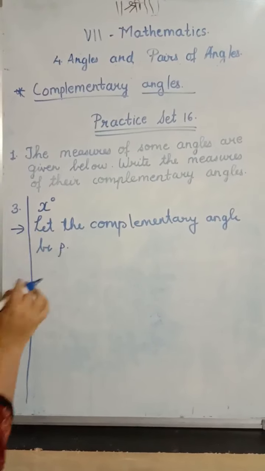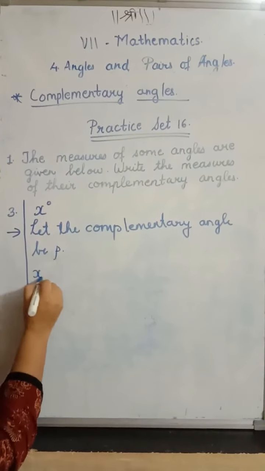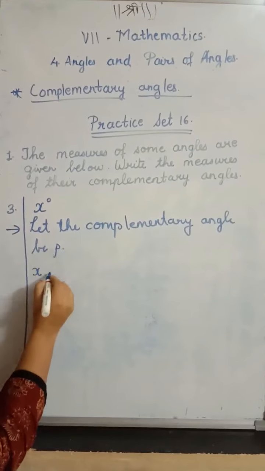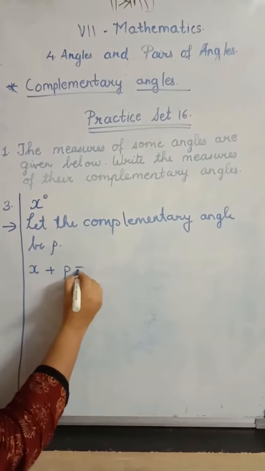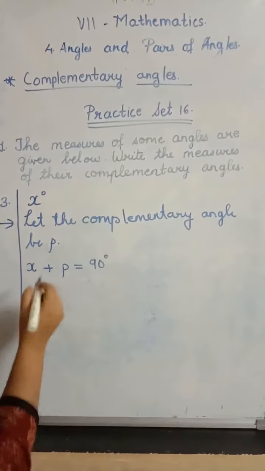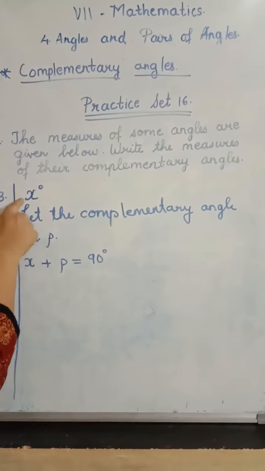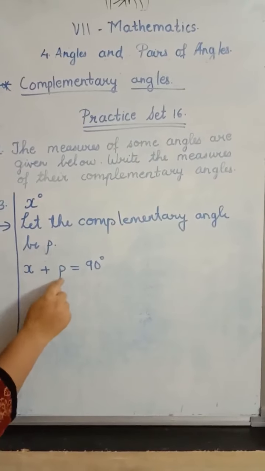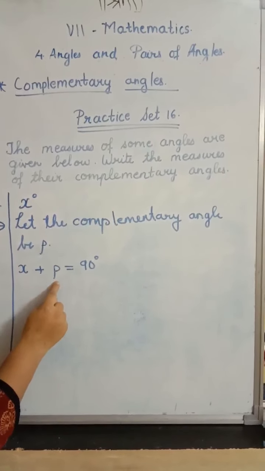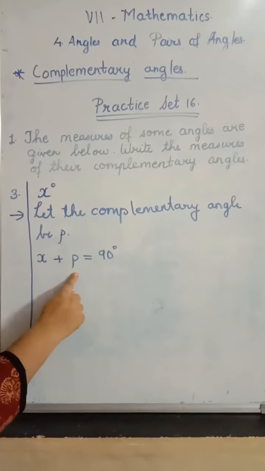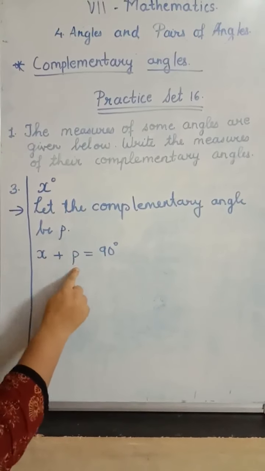First we were writing this, so we'll write x. The assumed one is p. Both of them should be 90 degrees as they are complementary angles. This they have given us, this we have to find out. Are you understanding? P's value we have to find out. So p we will keep here.